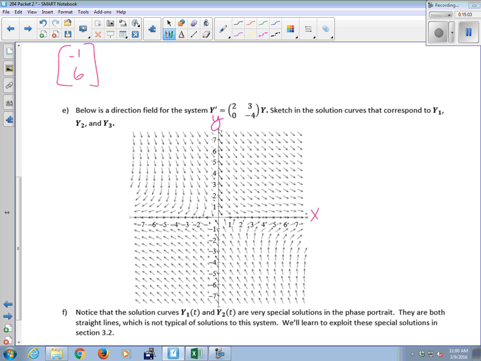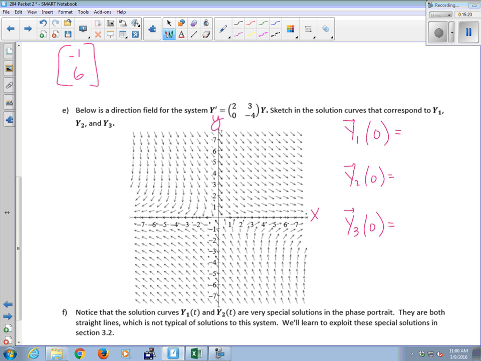So I need an initial condition in order to follow the vector field, or the direction field. So I need to know y1 of 0, y2 of 0, these are my initial conditions, and y3 of 0. And I've calculated all of these already earlier in my work.